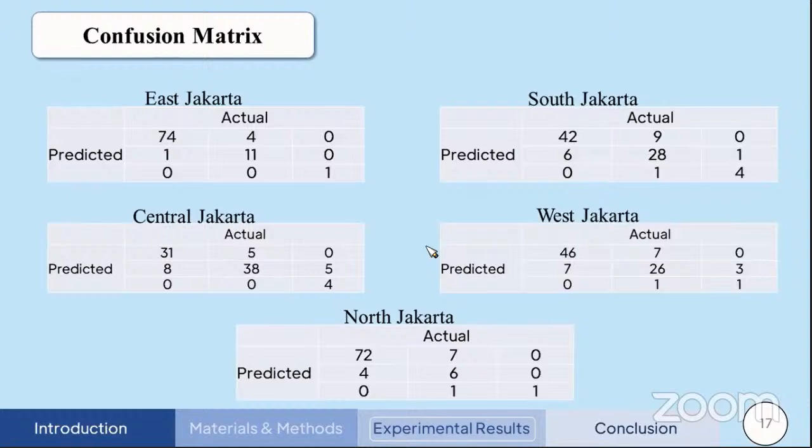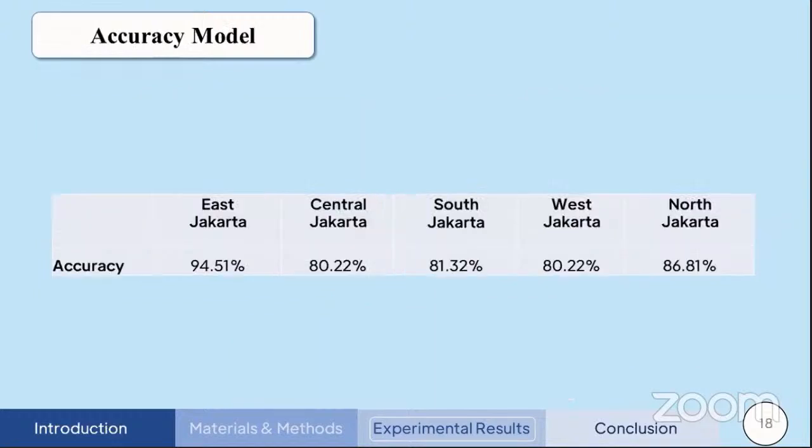The results of the confusion matrix evaluation for each model can be seen on the slide. From the confusion matrix, the accuracy value for each model can be calculated and summarized in the table visible on the slide.